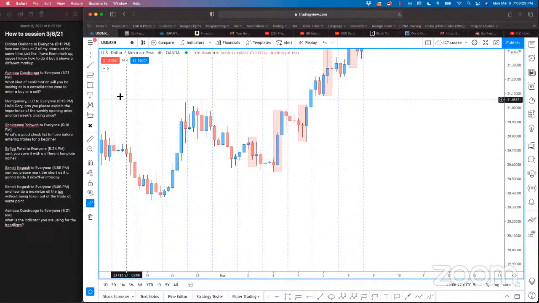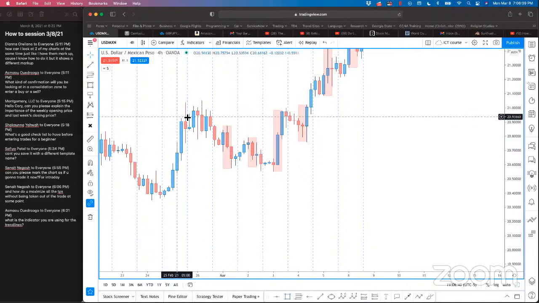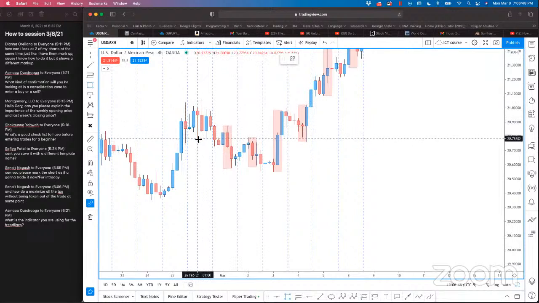All the movement on that day. This day was sideways, but when we did get some movement, it happened at 1, 5, and 9. So that's on the 26th.